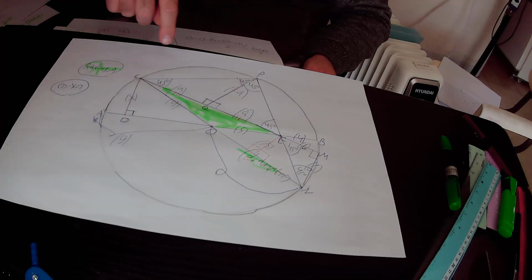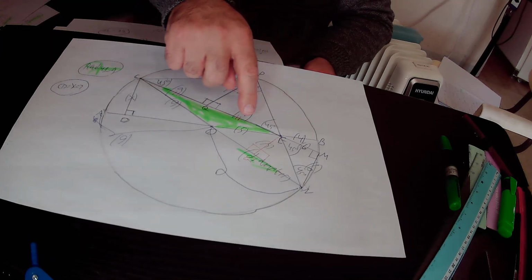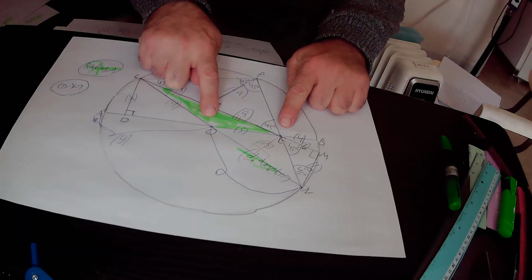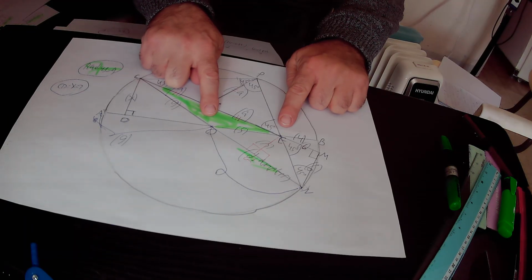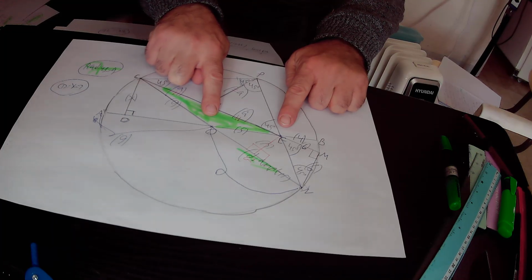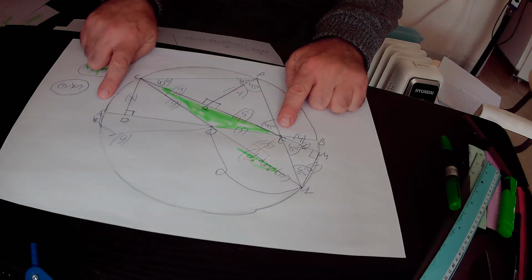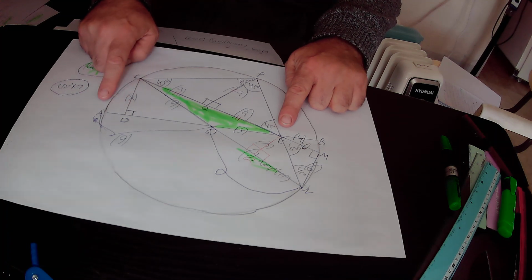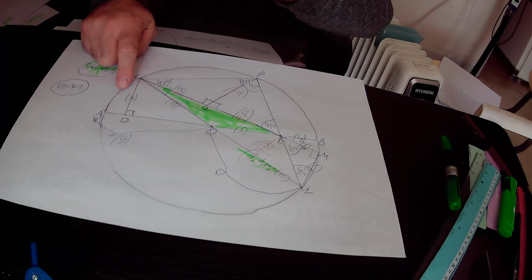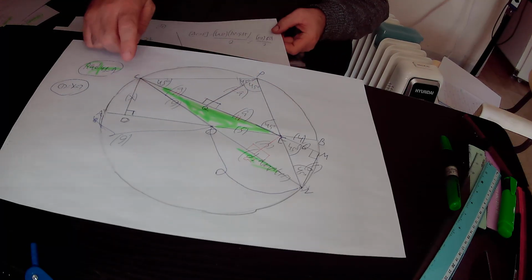We choose the base of this green triangle COE, that's EO, and the height to the base must make 90 degrees with the extended base. OE is the base, the extended base is EA. So the height to the base must create 90 degrees with EA. CD definitely creates 90 degrees with EA because this is a right angle. So the height to the extended base is CD.